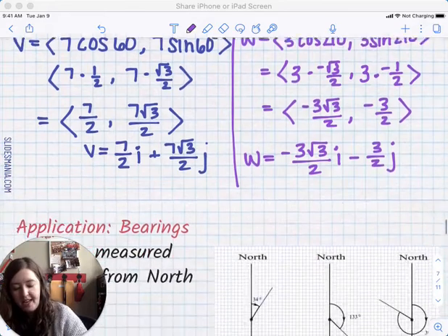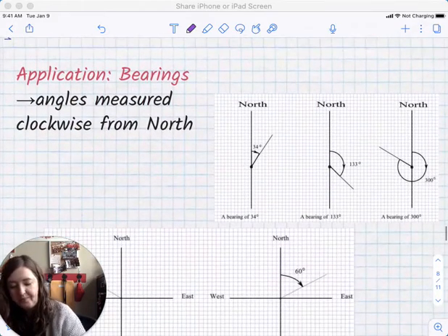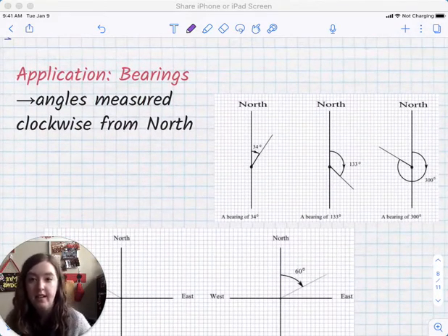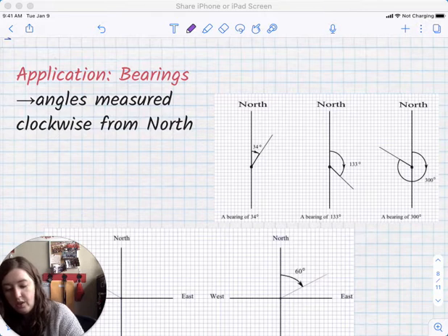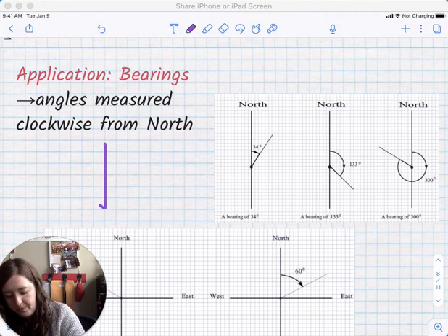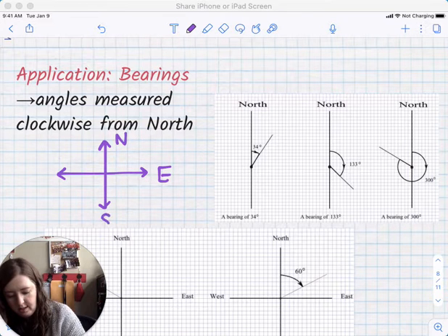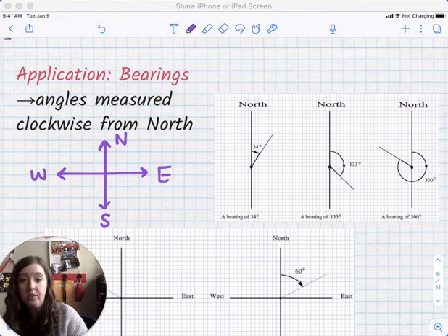Now, an application of what we're doing right now, it's called bearings. So bearings are always measured clockwise from north. Okay? So first of all, remember what a compass rose looks like. Never eat soggy waffles.